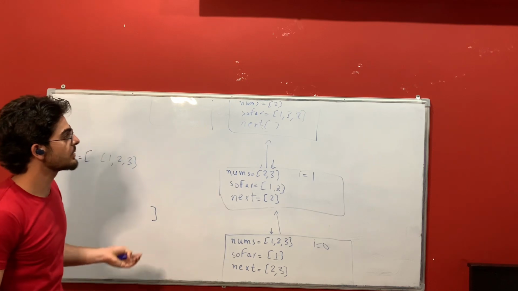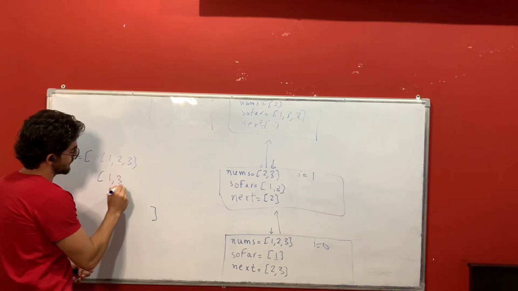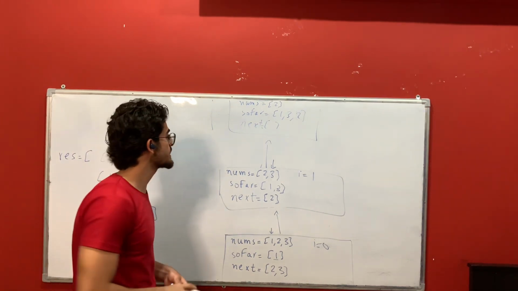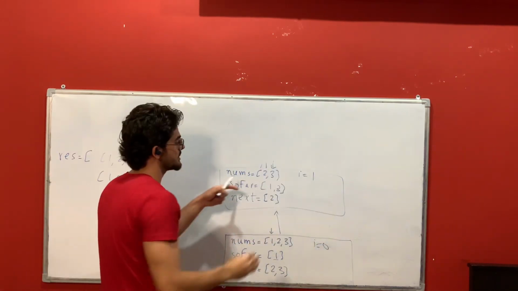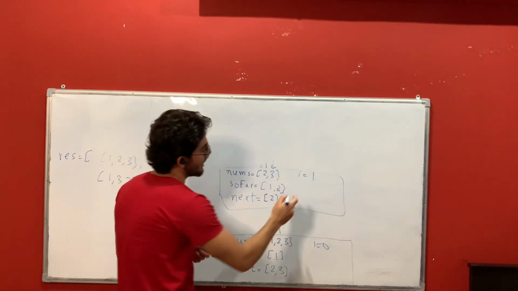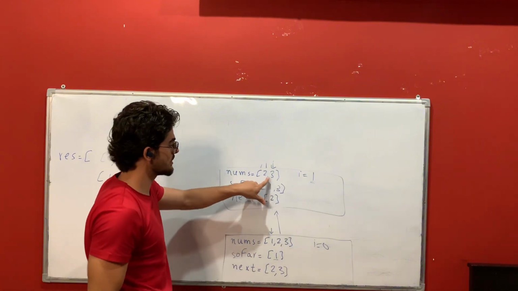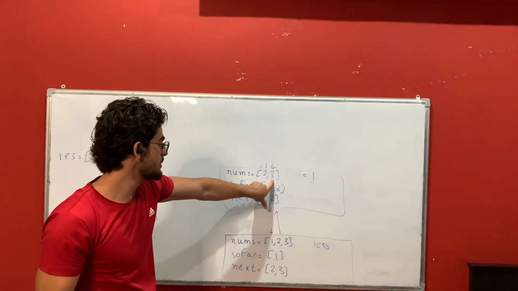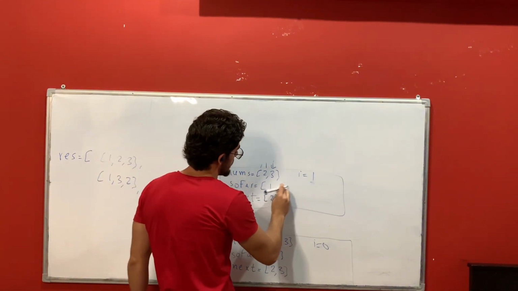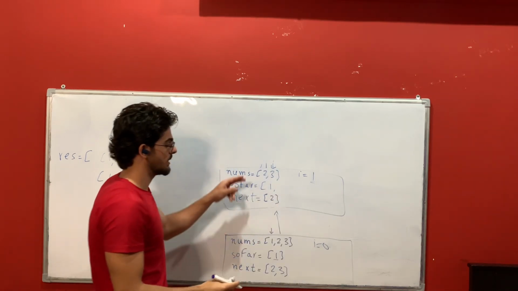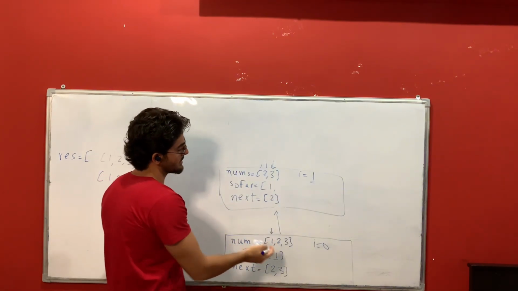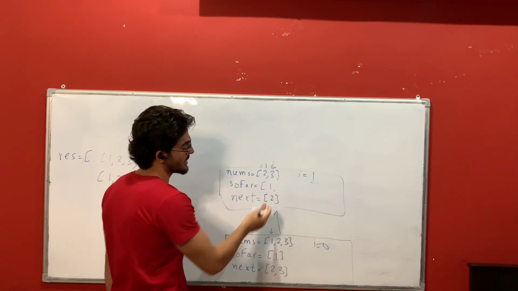So the next thing to add is 1 3 2. Now it also backtracks, reaching this scope. Now i was 1, so it's 0, 1. So it has finished the for loop. It pops 3 out, and it calls back the previous scope because the for loop has finished iterating.